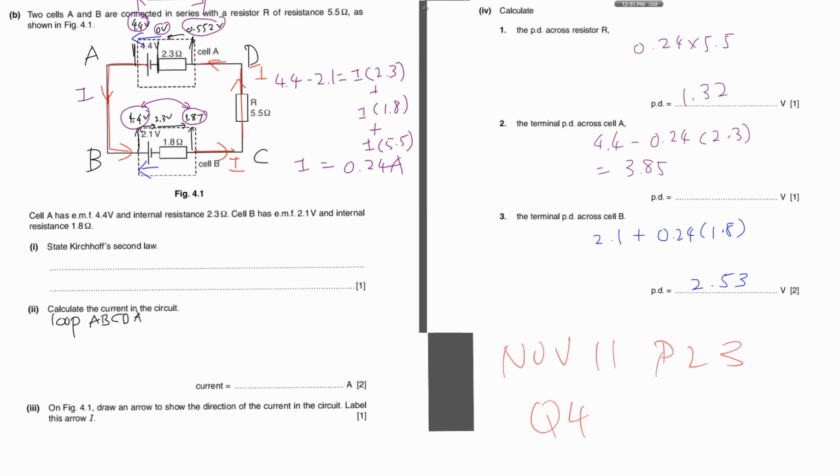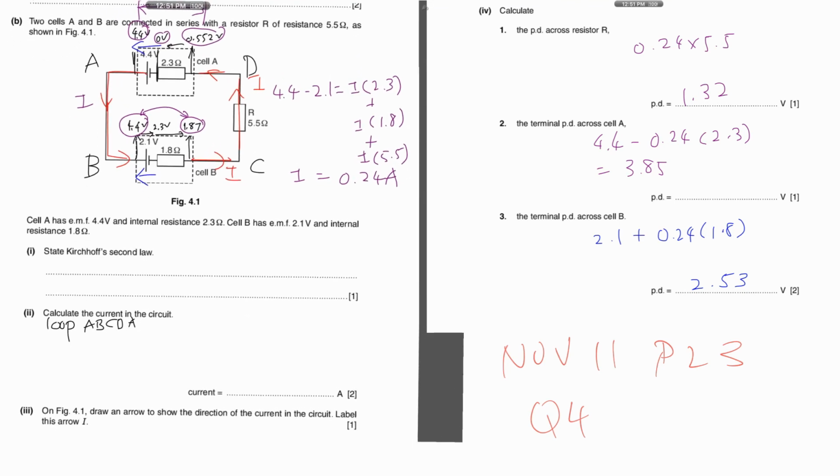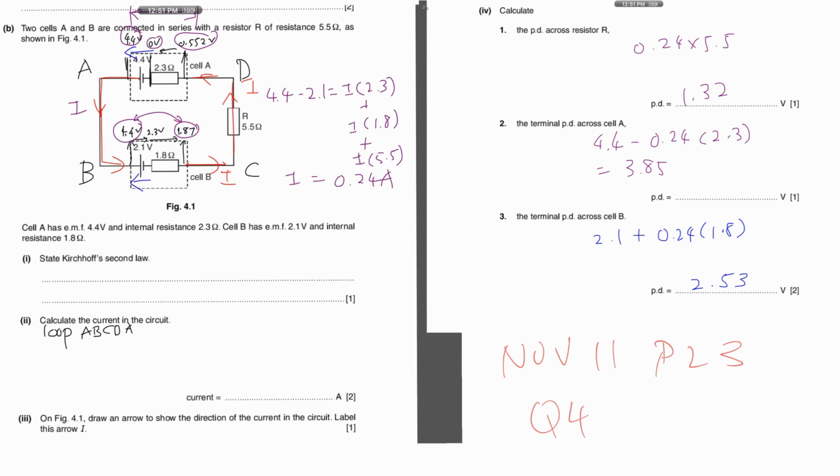Maybe I use a different way to explain to you. Let me move it a smaller bit. If we consider the potential here is 0, because just before the cell is 0, there's a PD of 0.552. If you take current times this resistance, you'll get 0.552 volts. That means the difference here is 0.552.